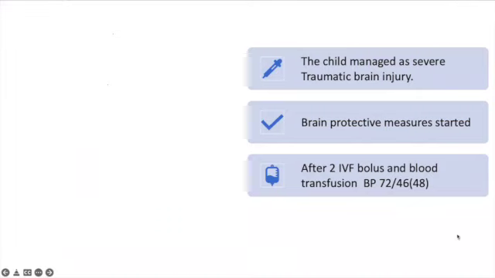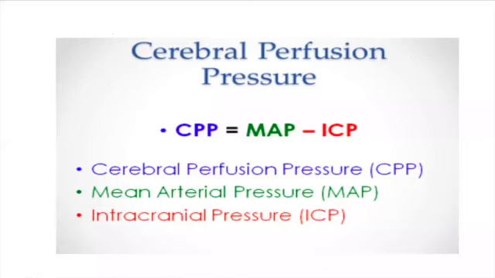So mean arterial pressure is the only target we are able to maintain to overcome the significant increase in intracranial pressure and get adequate or normal cerebral perfusion pressure. So rule of thumb, in traumatic brain injury, we should target a higher normal mean arterial pressure.